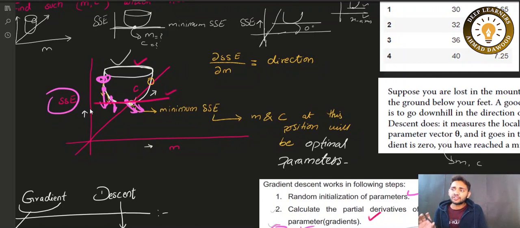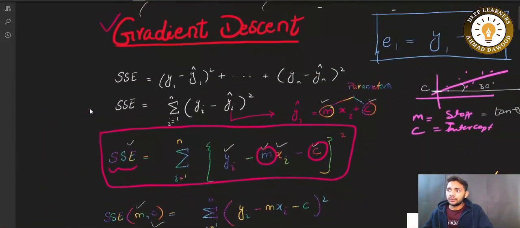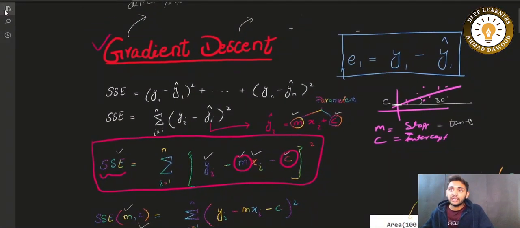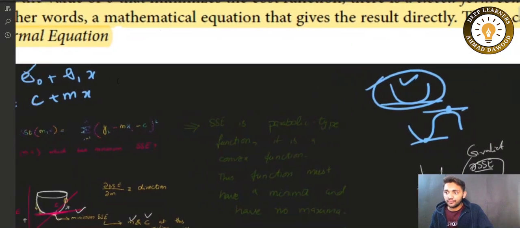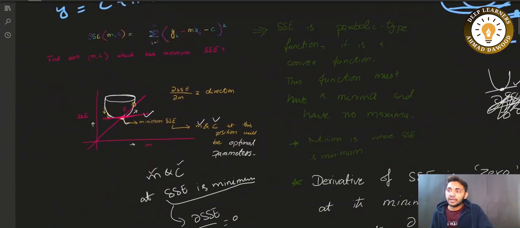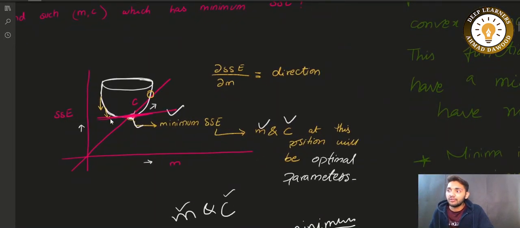By considering the nature of that function, the people of machine learning proposed another solution, which is the closed form solution. They got an idea that this function must have some minimum point, and it will have the minimum point where the slope is zero.